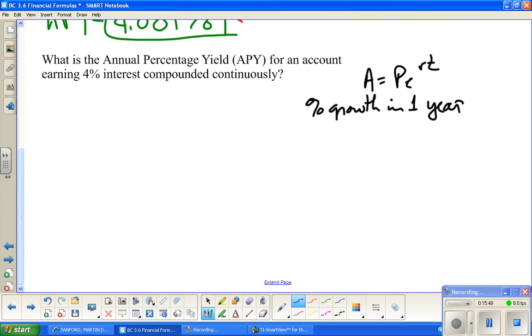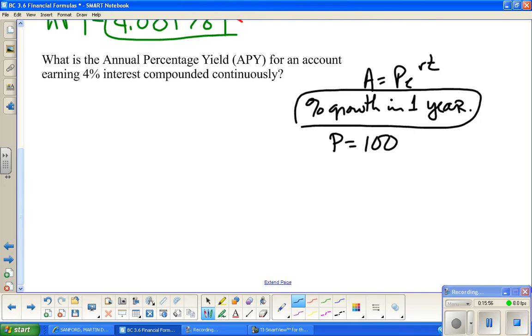Annual percent yield is always about percent growth in 1 year, and my recommendation is always use P equals 100, because most of the time they don't tell you a P for this. So A equals P times E to the 0.04 times how many years? 1, because it's annual growth. Okay, so I'm going to type this in.